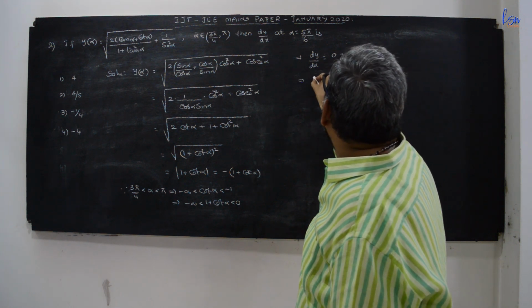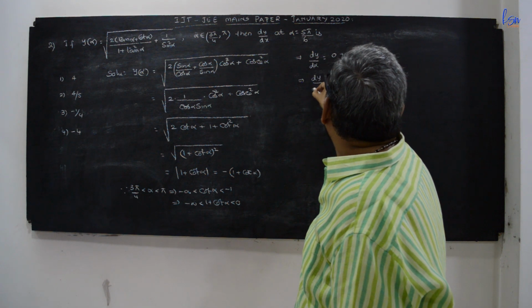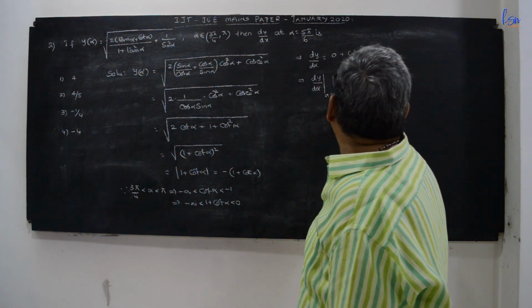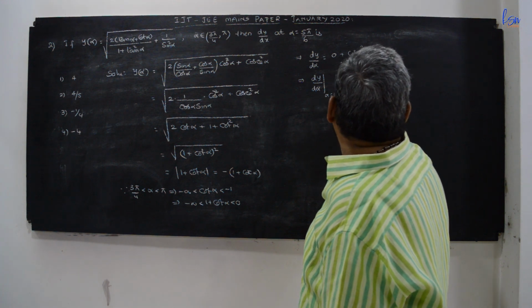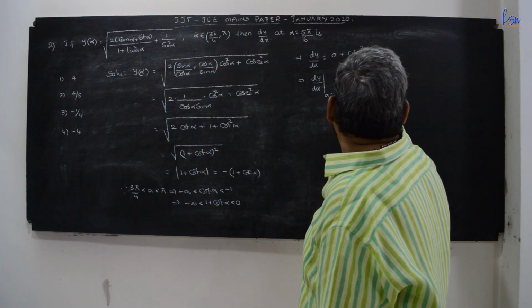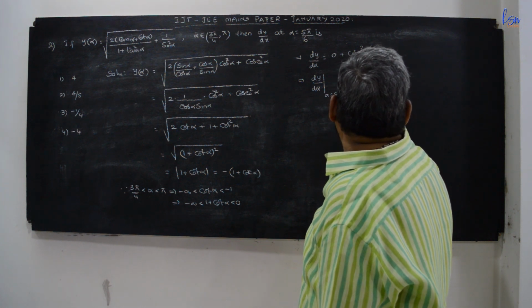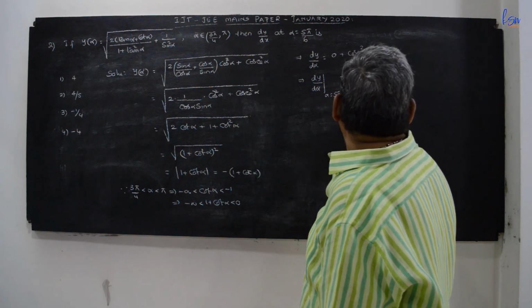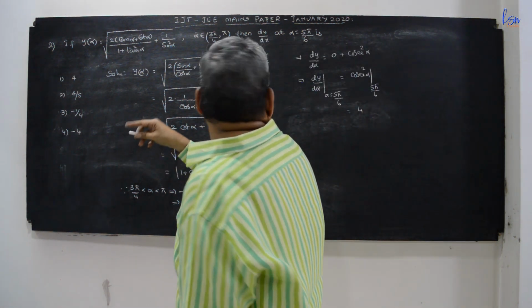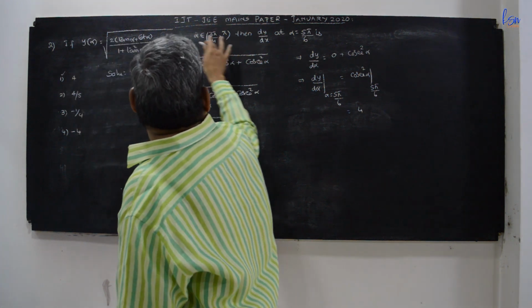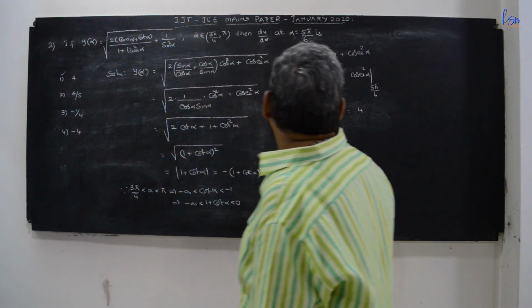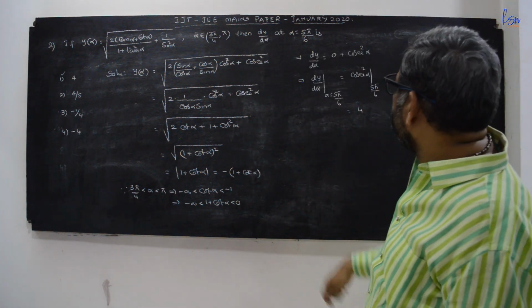Now dy by d alpha at alpha equal to 5 pi by 6 is equal to cosecant square alpha at 5 pi by 6. So cosecant of 5 pi by 6 is 2, therefore the result is 4. Here it is dy by d alpha at alpha equal to 5 pi by 6. The first option is the answer.